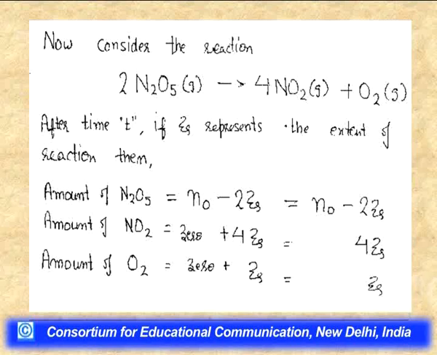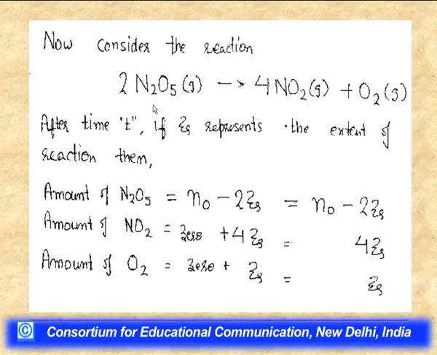Let us have a look at this by considering a particular reaction: the decomposition of dinitrogen pentoxide present in the gaseous phase. When it decomposes, it forms nitrogen dioxide and also oxygen.